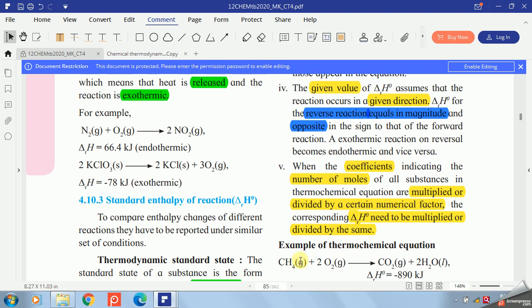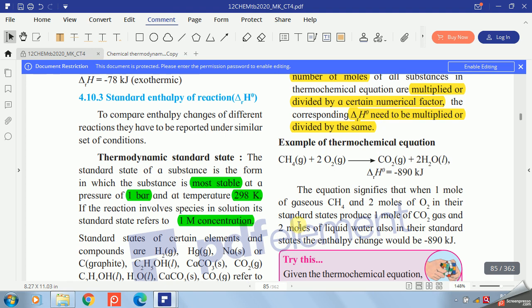So for balancing purposes, if we use some numbers which multiply or divide your given equation, then the standard enthalpy of reaction also gets multiplied. If we multiply the equation, multiply the value of delta r H naught. If we divide the equation, divide the value, by the same factor which is used.